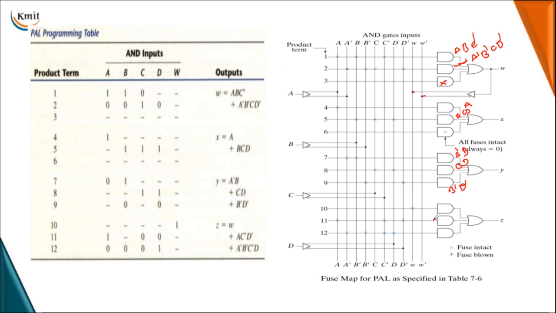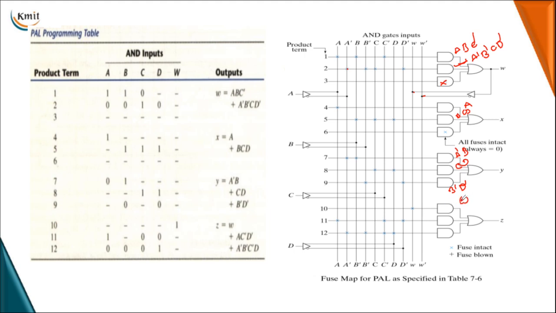Now I need to connect Z, which is represented in terms of your W function. Instead of taking two additional product terms where W is implemented with the same product terms, we can directly take the output function of W.